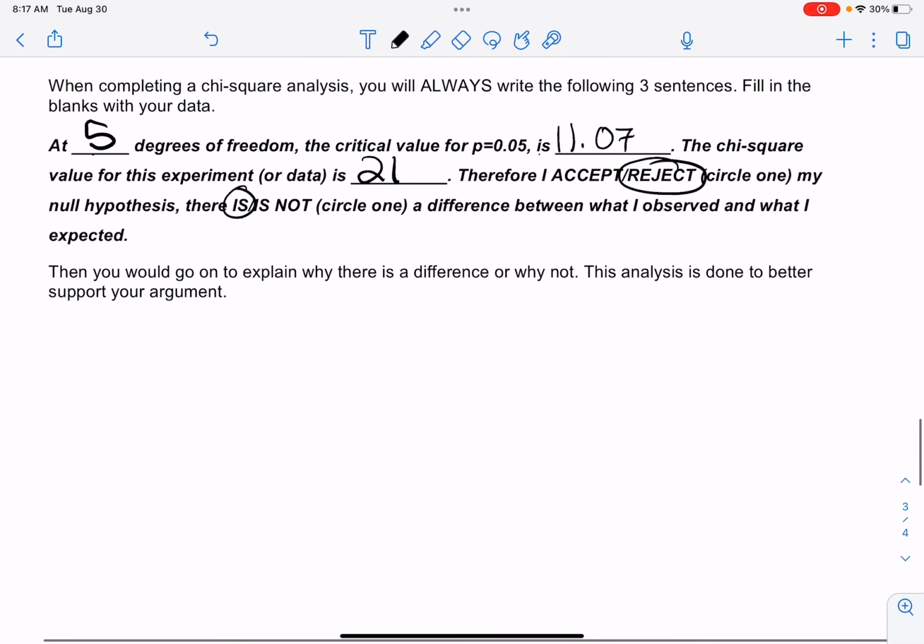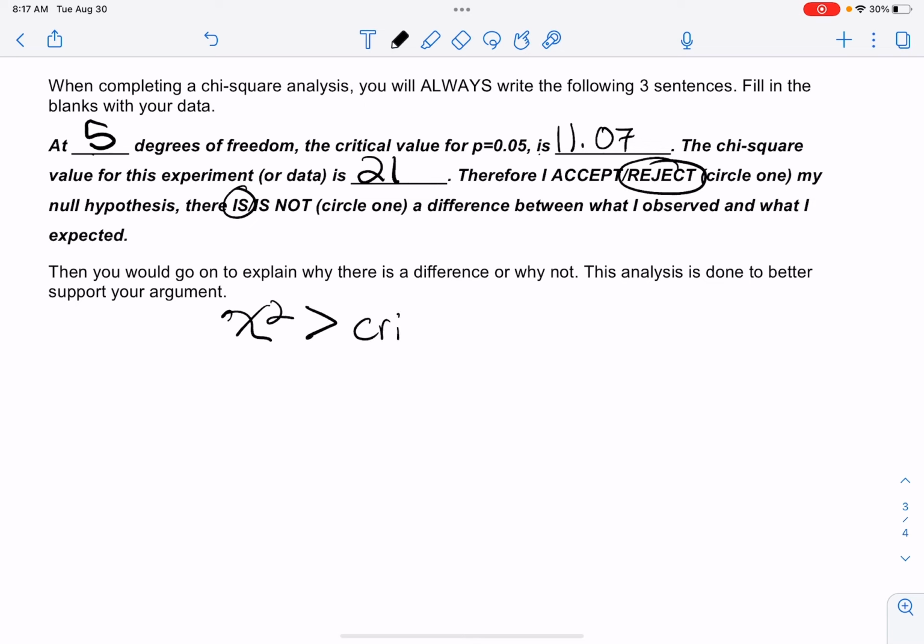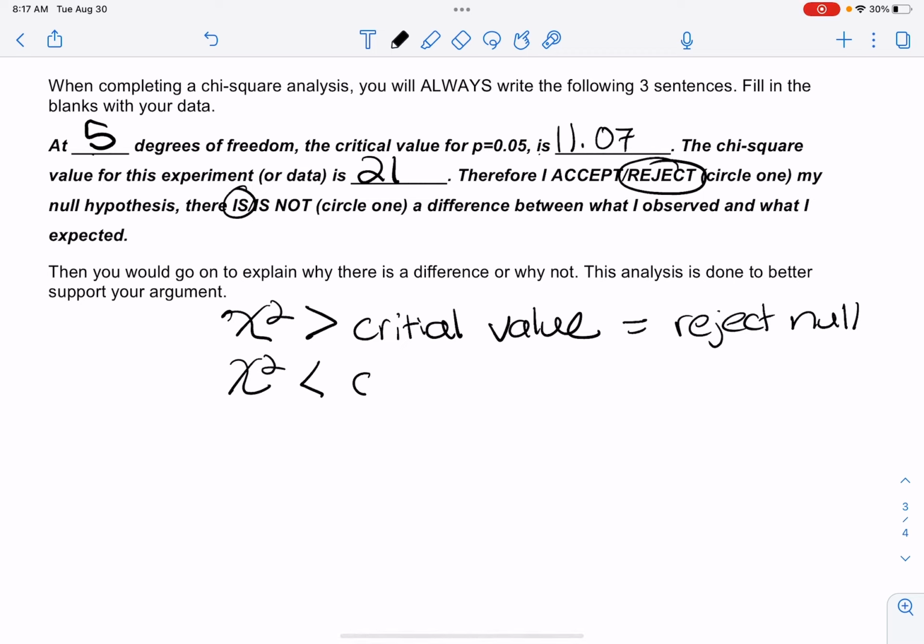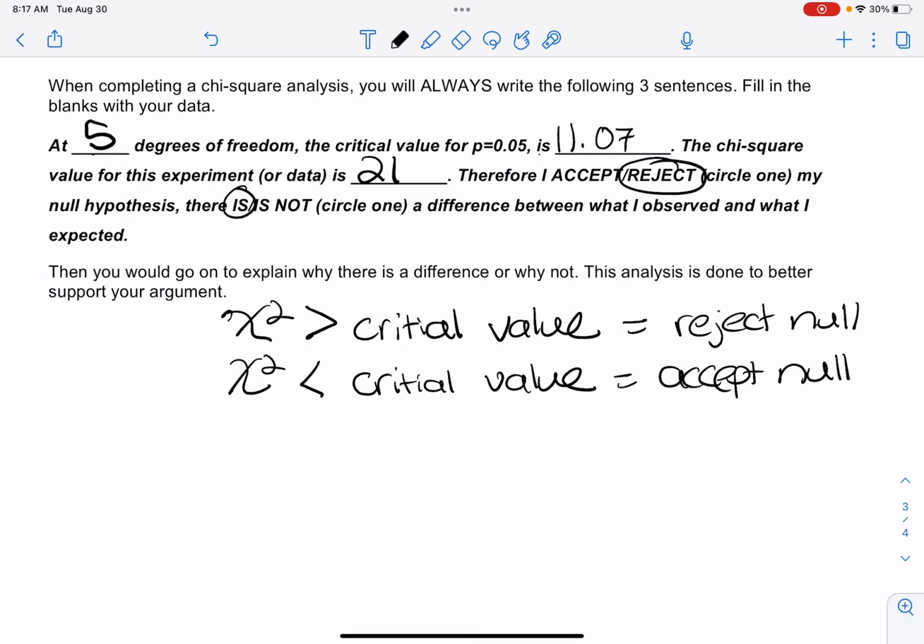So if chi-squared is greater than critical value, you reject the null. And if my chi-squared is less than my critical value, meaning there's very little difference, then I will accept my null. And all the differences that I see between what I observed and what I expected are just by random chance, okay? And then I go and explain why there is a difference.